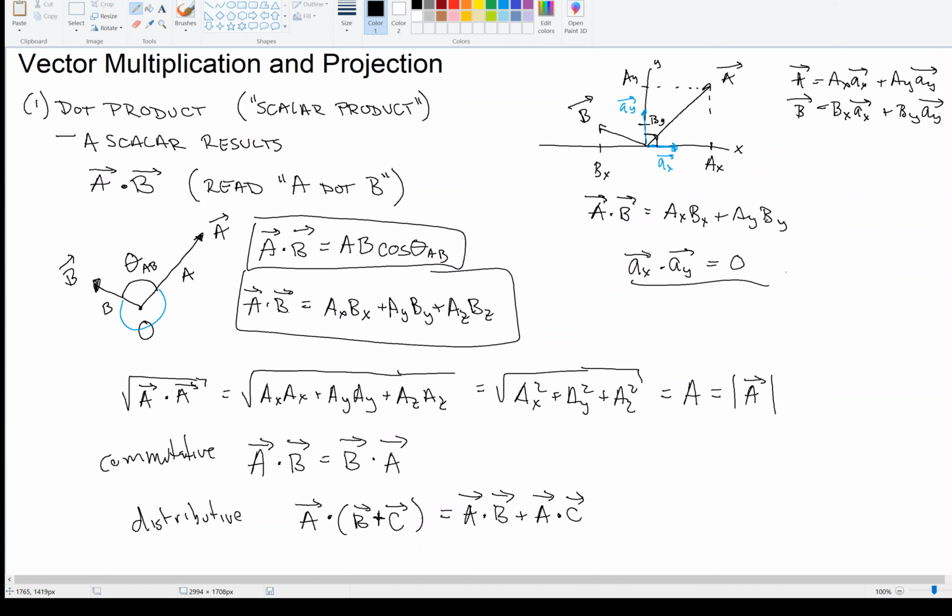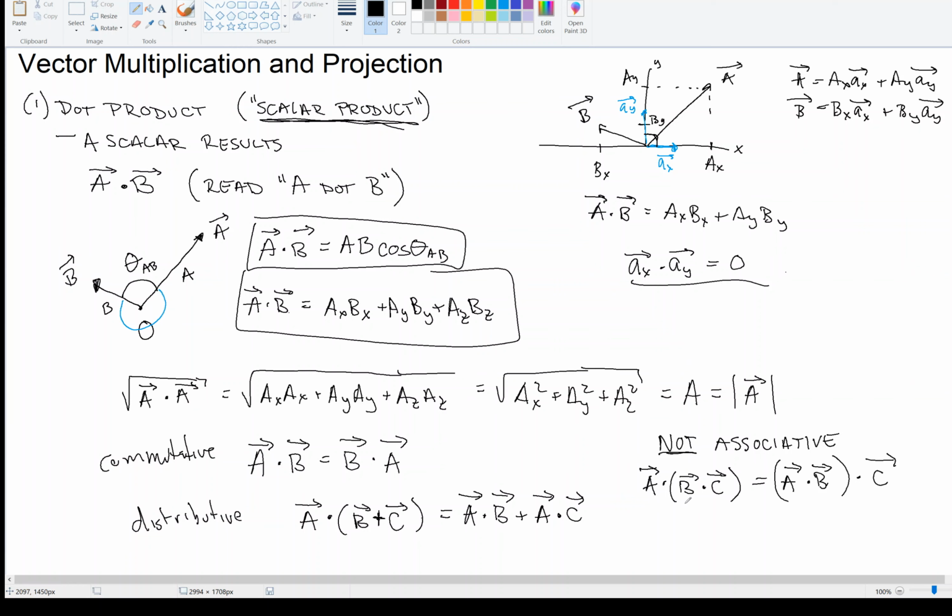Now, the dot product does not enjoy the associative property. It's not associative. I'm going to ask you to think about that. Why isn't it associative? Pause the video if you like. It cannot be the case that this is true, and it has to do with the idea that the dot product gives you a scalar.